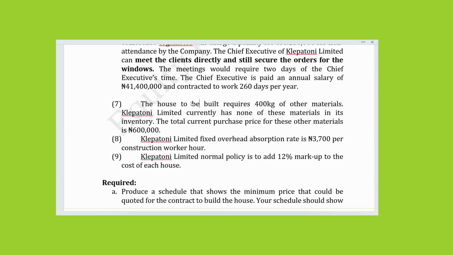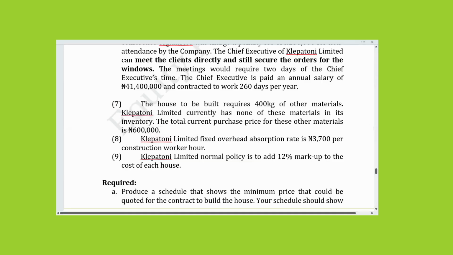It's not in store, so the company will need to go to the market and buy. At what price? 600,000. So the entire 400 kilograms of the other material will be purchased for 600,000. It is not 600,000 multiplied by 400.